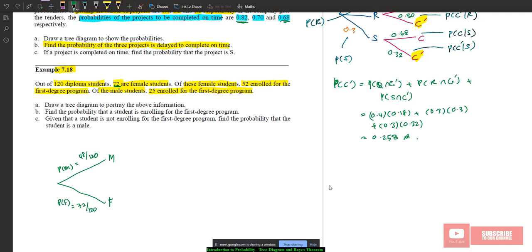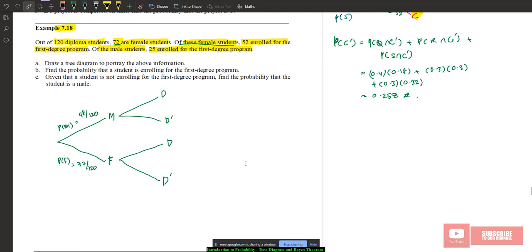So now out of female students, there are two possibilities: either enroll for the first degree program or not enroll for the first degree program.